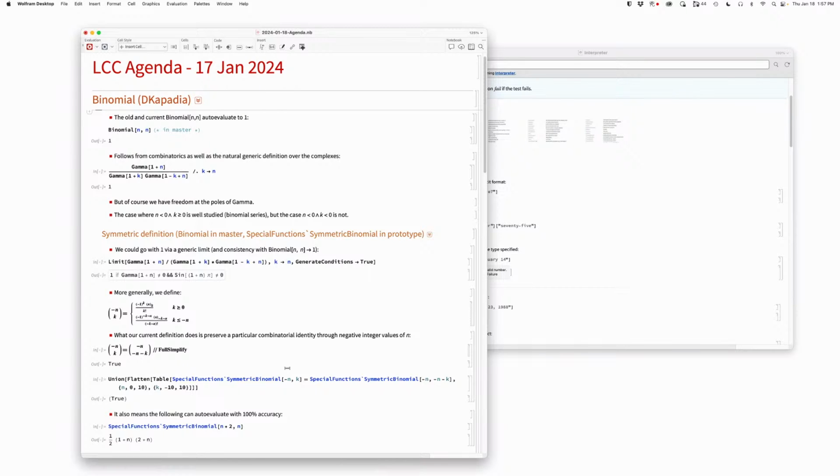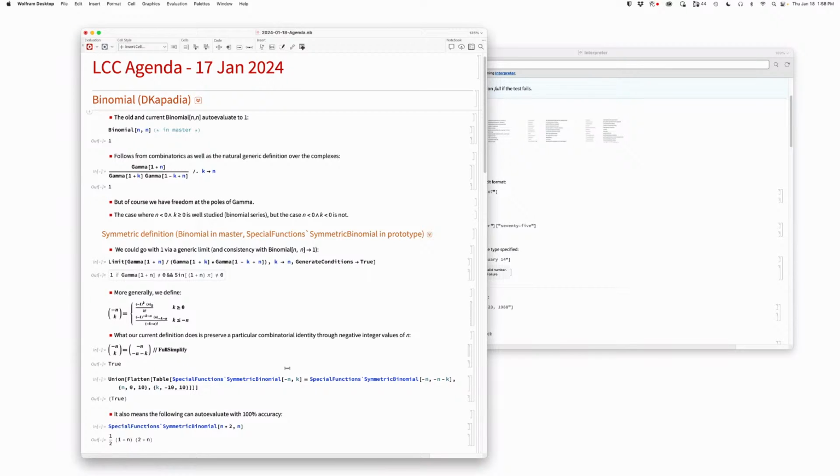Then Bill Gosper complained: binomial of n, n is 1, but binomial of -1, -1 is 0, so you're inconsistent. I think what he was saying was that binomial of n comma n shouldn't auto-evaluate.